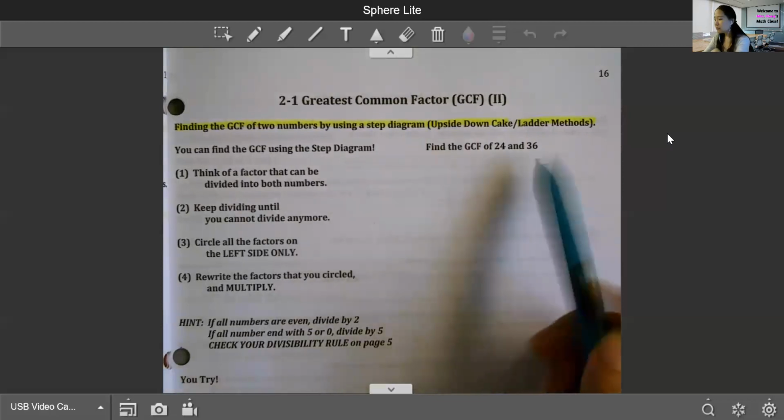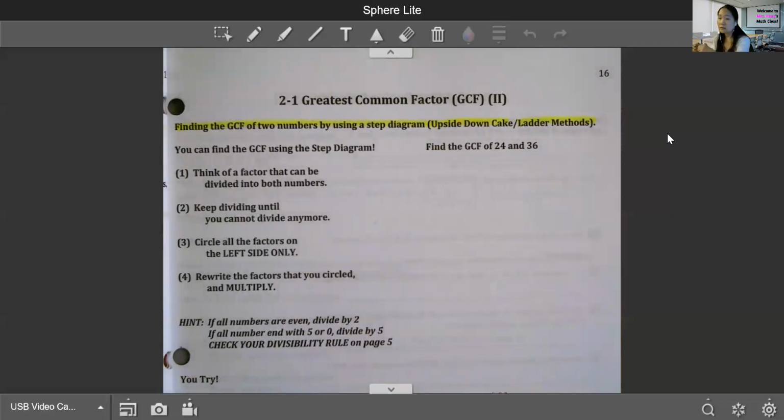Then you're going to keep dividing until you can no longer divide anymore. Once you cannot divide anymore, you're going to stop dividing, and then you're going to circle all of the factors that are on the left side only, and then you're going to rewrite the factors that you circled and multiply them. Once you multiply those, that's the greatest common factor.